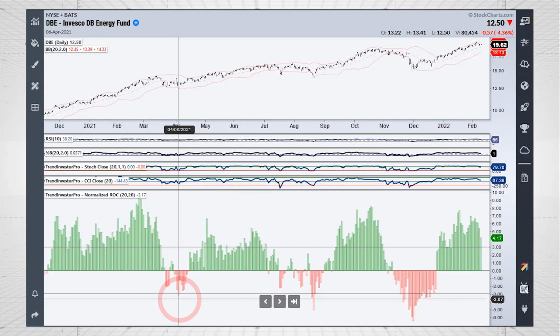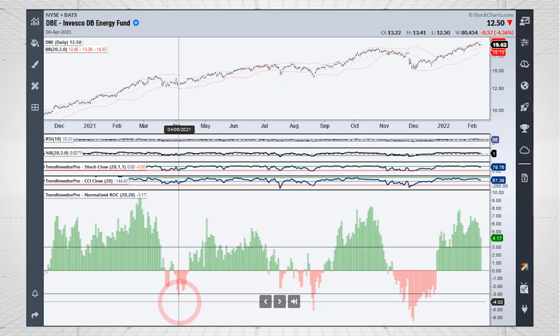An average true range is a measure of volatility, but it's an absolute measure. And so by using that absolute measure, you take the absolute change in prices over 20 days divided by the 20-period ATR. And when you get a 3 ATR decline, that's a bit excessive, and that creates an oversold condition.